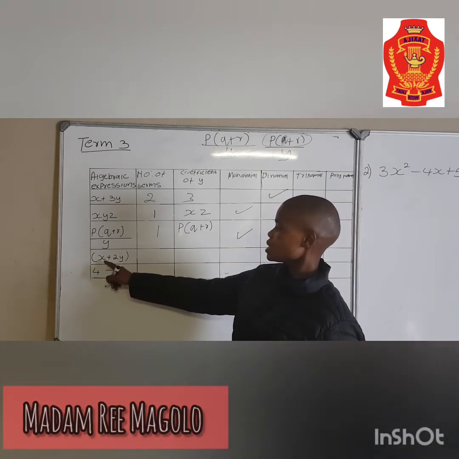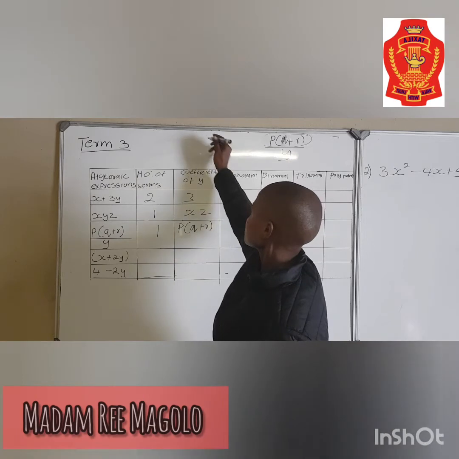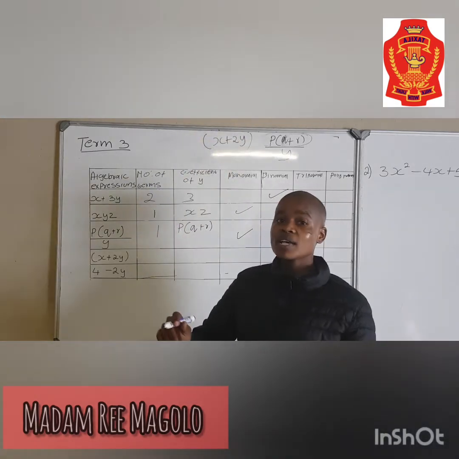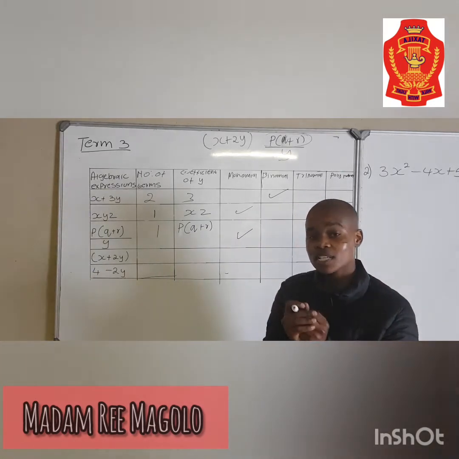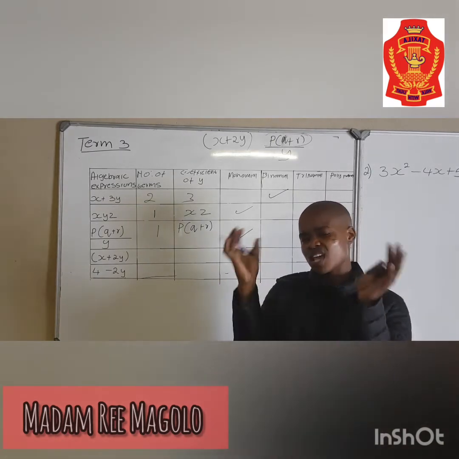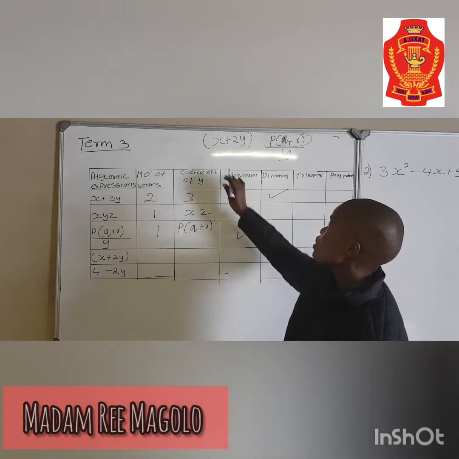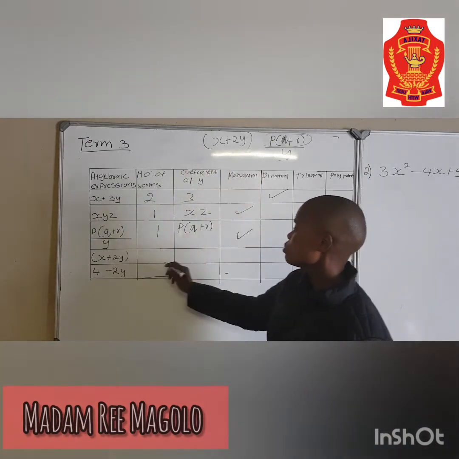All right. I've got, in brackets, x plus 2y. Remember I said when numbers or variables are enclosed inside a bracket, they are considered to be one. It's like they are in a family, you put them in a bracket, so they're considered one term simply because of the bracket.